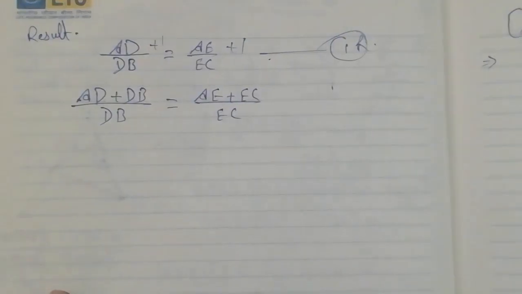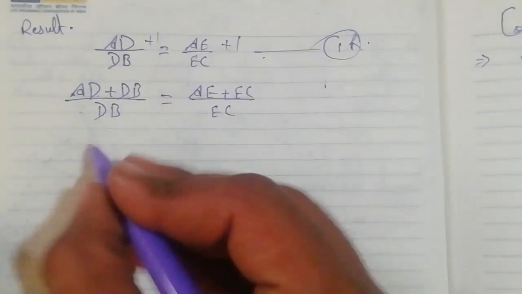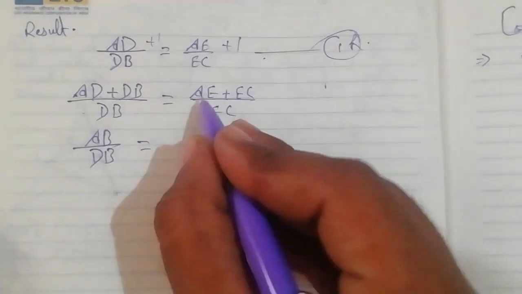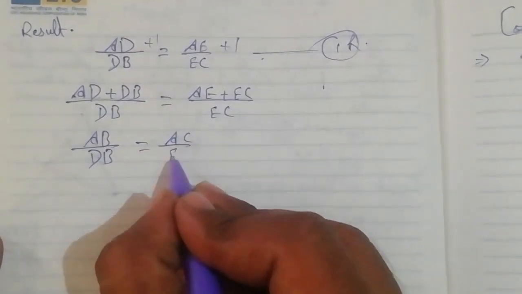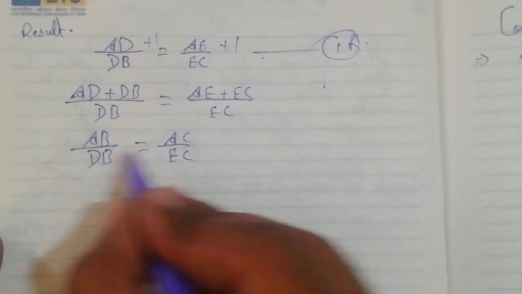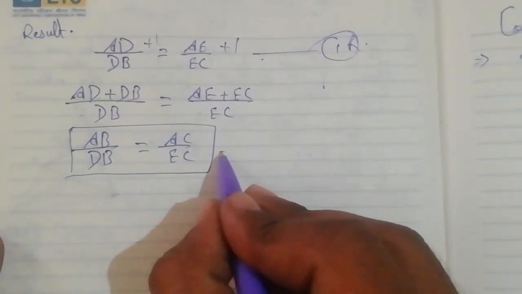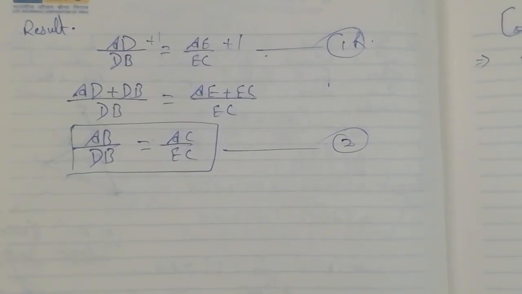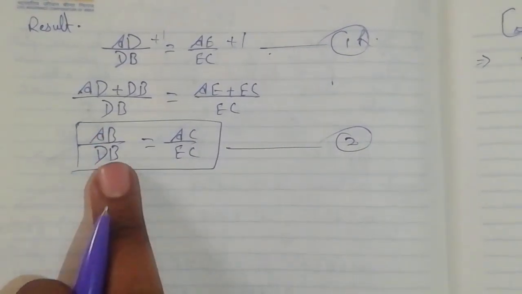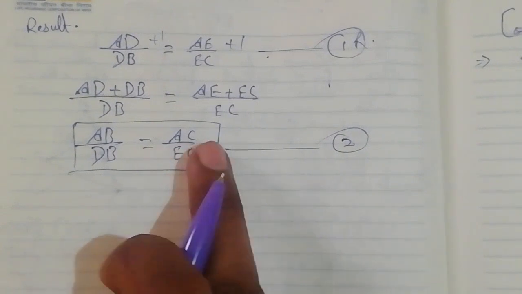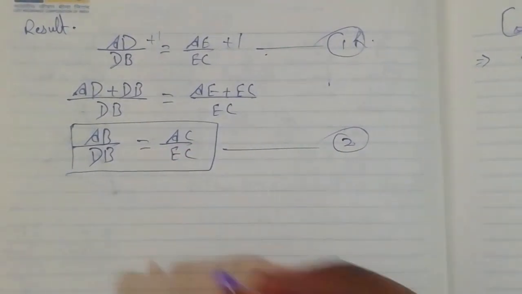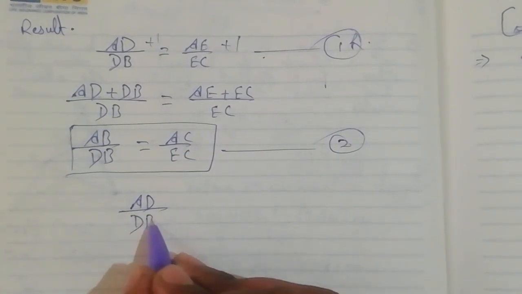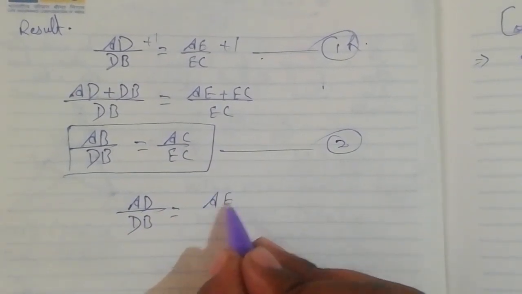So this will be AB upon DB is equal to AC upon EC. This is our second result. By BPT we can also show that AB upon DB is equal to AC upon EC. Now what is the previous result? We have AD upon DB is equal to AE upon EC.